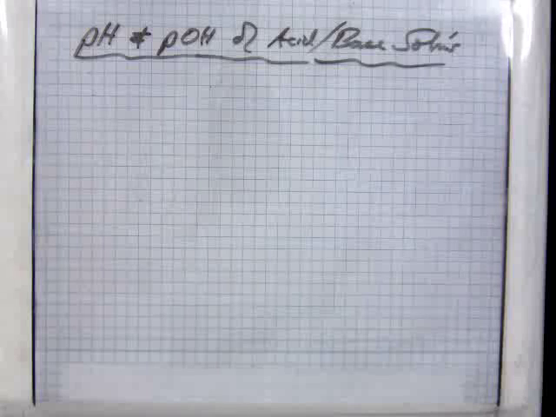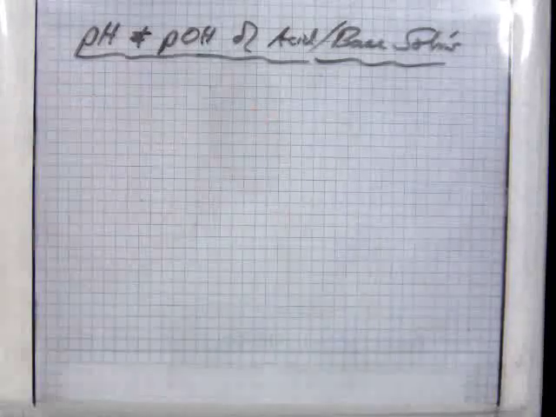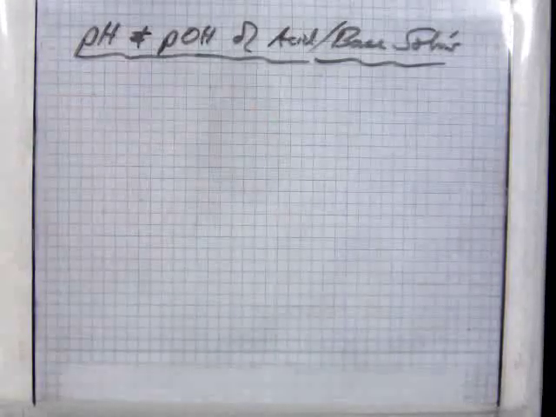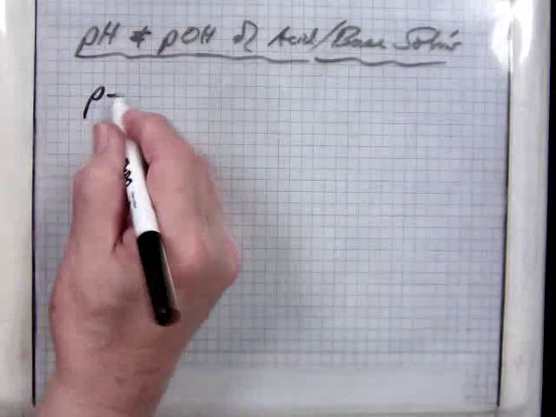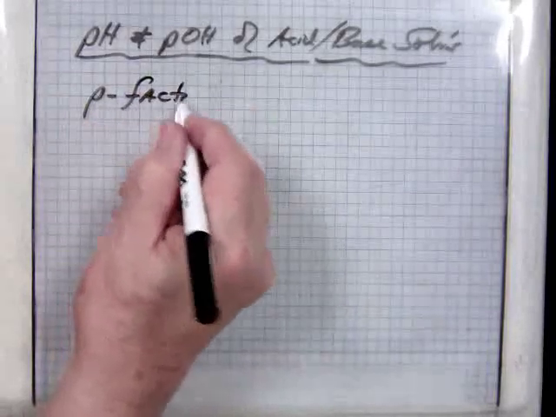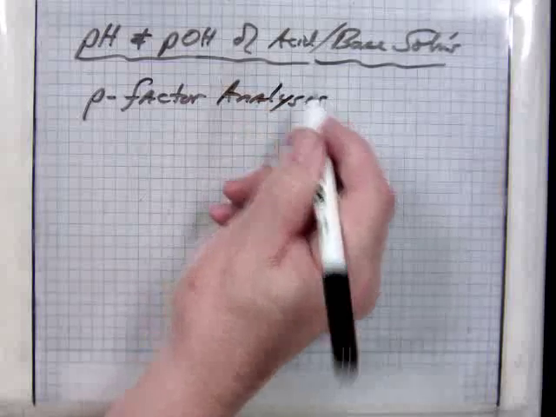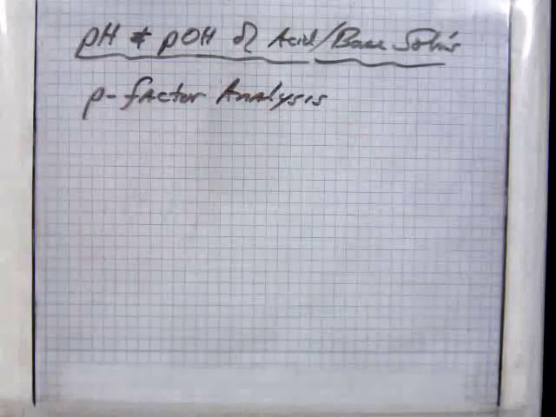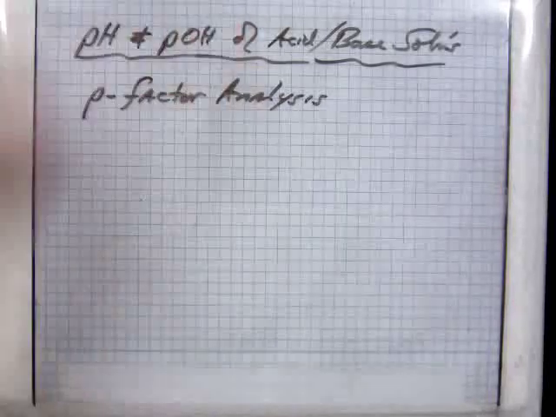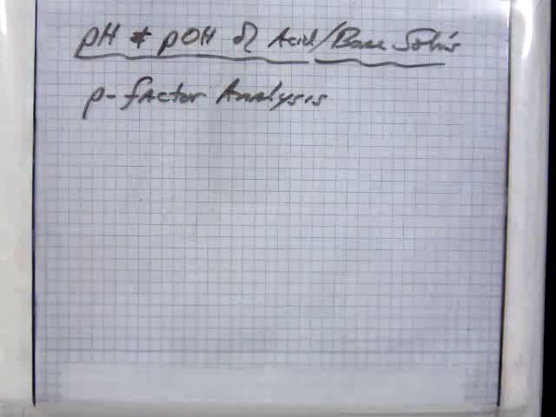Well, where does that come from? When we talk about pH and pOH, it is based upon what we call a p-factor analysis. And the p-factor is, in this case, hydronium ion concentration or the hydroxide ion concentration and so forth.